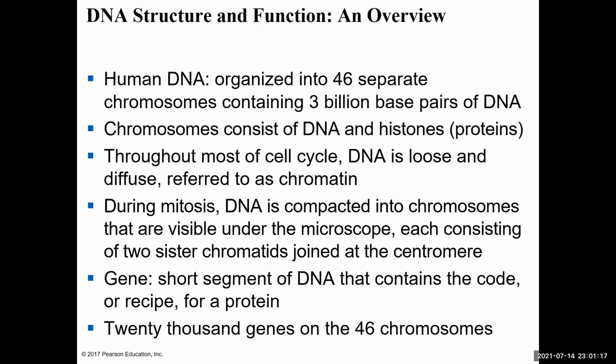So the human DNA is organized into 46 different chromosomes. And those chromosomes contain about 3 billion base pairs of DNA. Remember, the base pairs are the adenines, the guanines, the thymines, and the cytosines.